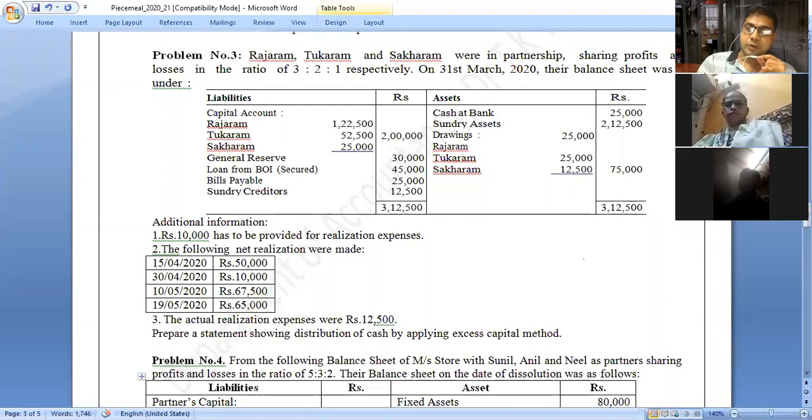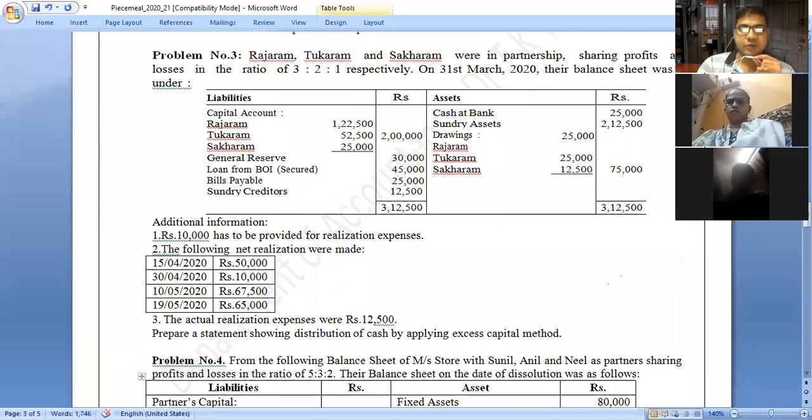Now, whenever we are repeating, we have to find out the new adjusted capital. Whatever excess capital is there, the same value we will consider as the adjusted capital: 60,000 and 2,500. Then the new unit capital: how will we find it out? Adjusted capital divided by profit sharing ratio.